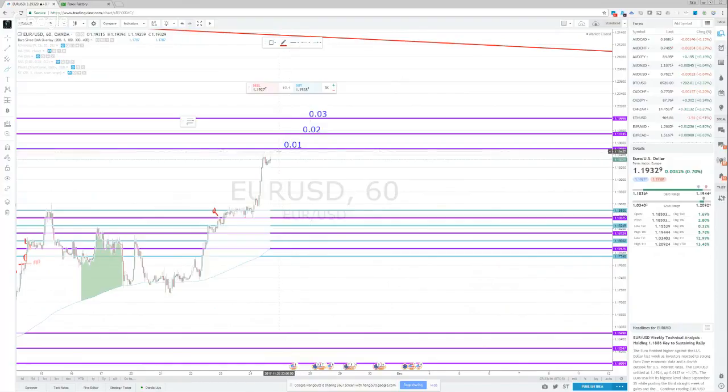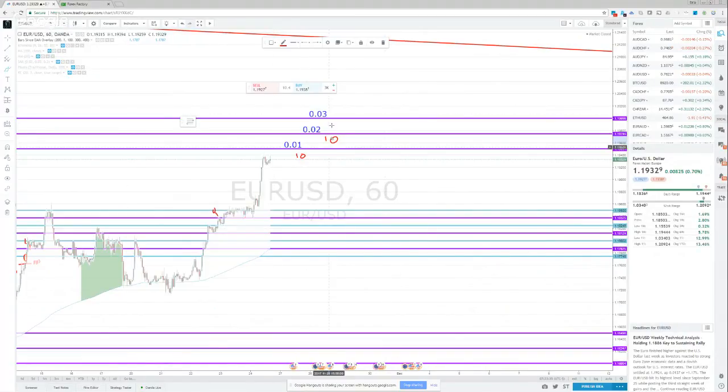All right, so we'll see, guys. My target is 10 pips here. Okay, if this level gets taken out, another 10 pips. All right, here's the story. This is a plan.